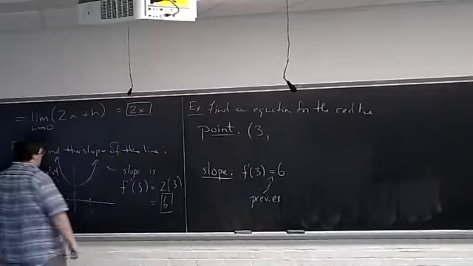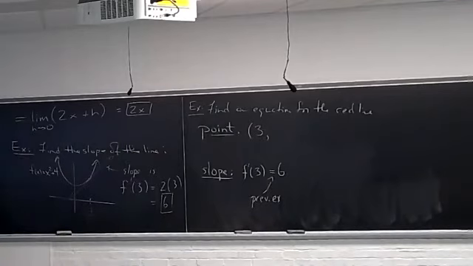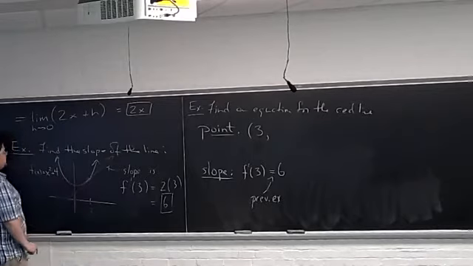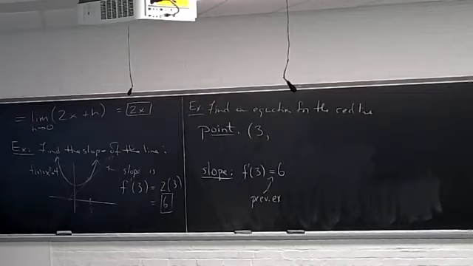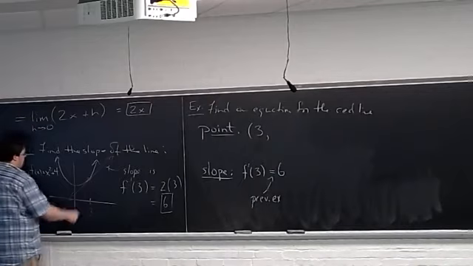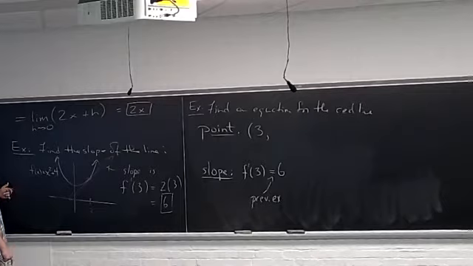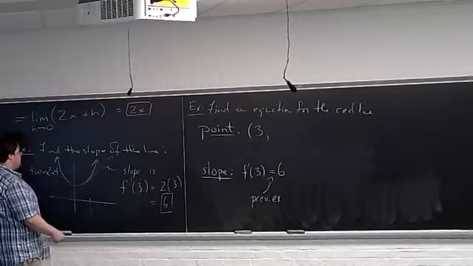Okay, now we need a point on the line. Notice in this curve that there is a point on the line when x equals 3. Notice also that that point, since it's tangent to the curve, is on the curve f of x. So if we want that point, which we do, that's the most convenient point to find here.